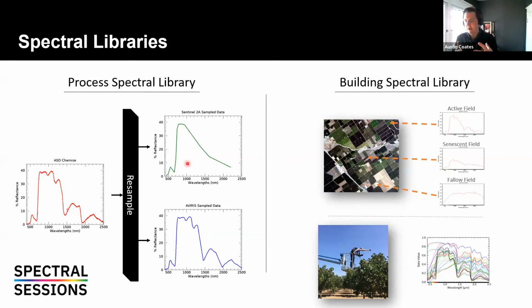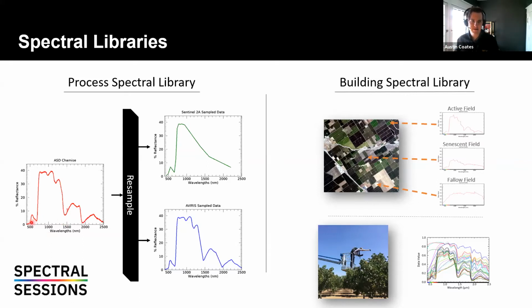What's also really good is you can resample these libraries. So say I'm in the lab and I have a really green leaf and I take a measurement of it with my handheld spectrometer, and it comes back and gives me a bunch of bands. And I'm like, okay, great. This is what my leaf looks like. And then I'm going to compare that to a sensor that came off of a drone, and say that sensor only goes from 500 nanometers up to 1000 nanometers, but it's got a bunch of bands in there.